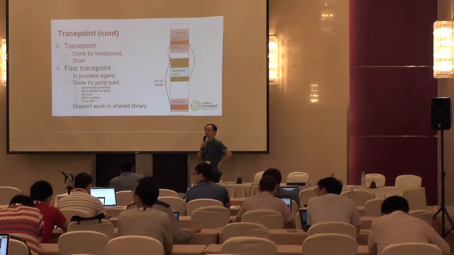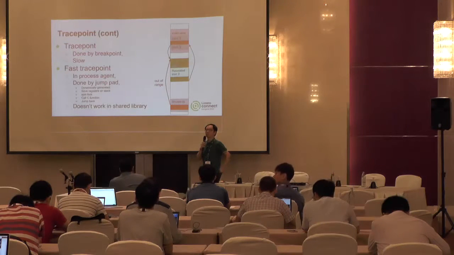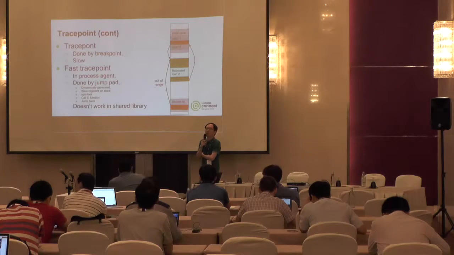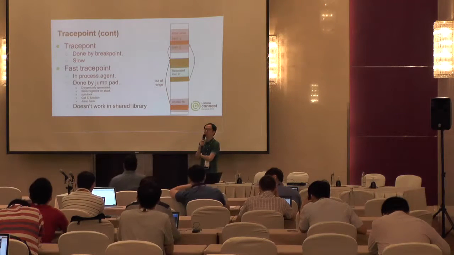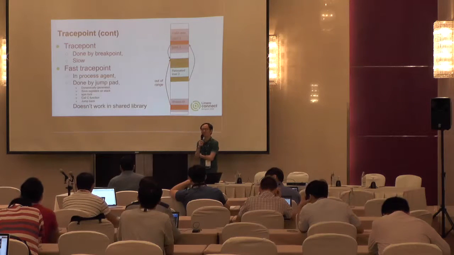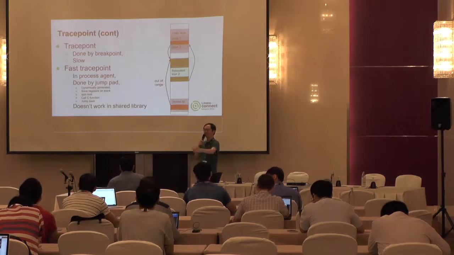It seems like, as you link each program and shared library, you could leave room for a jump table or create a jump pad in each loadable object. What's wrong with that? Actually, that's still the design problem at the very beginning of the tracepoint in GDB server.